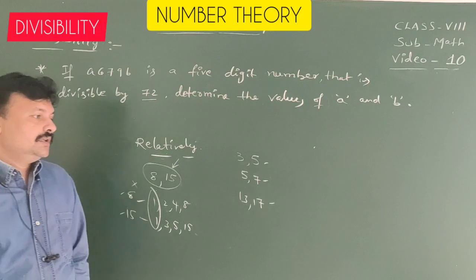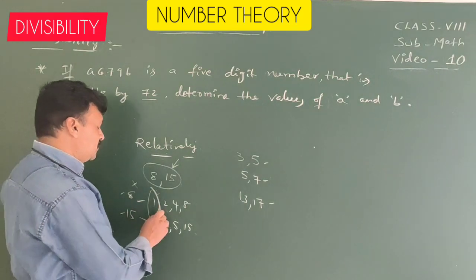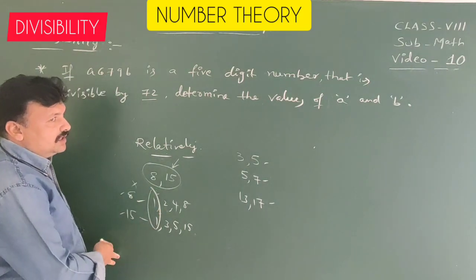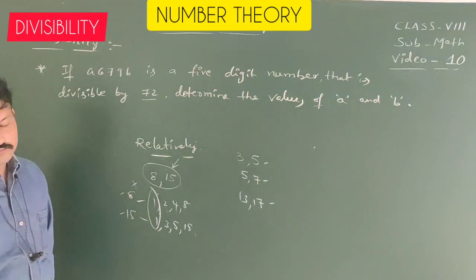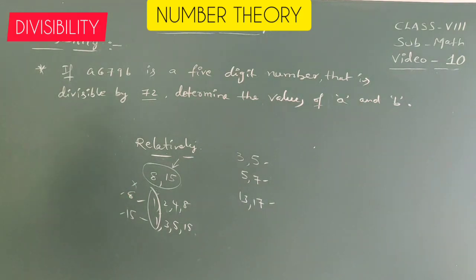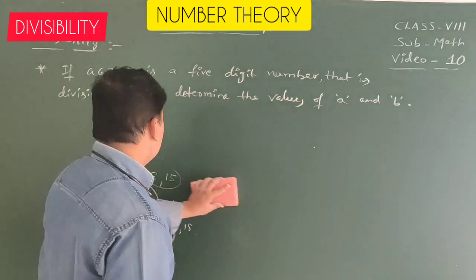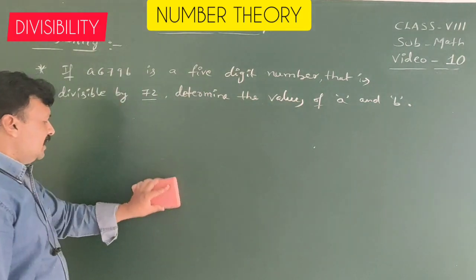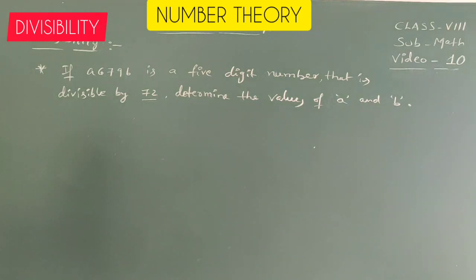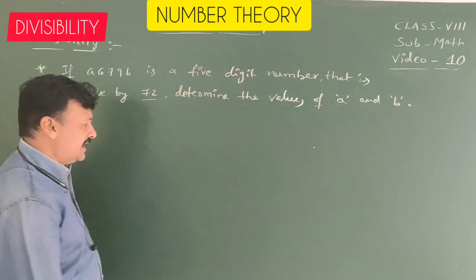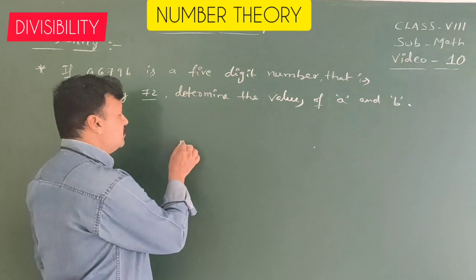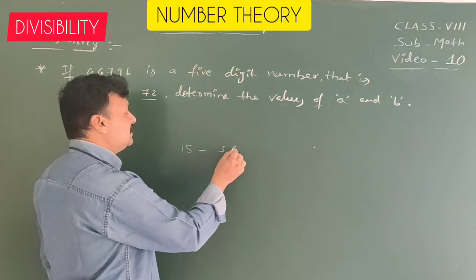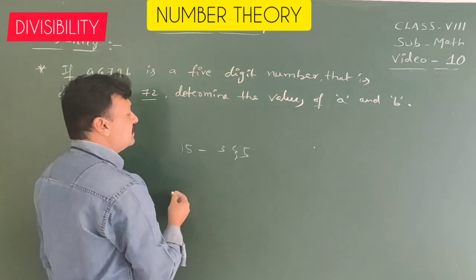Here the HCF is 1, the highest common factor is 1 only. So the divisibility rule for any number can be arranged in terms of co-primes. For example, the divisibility rule of 15 is 3 and 5. For 6, it is 2 and 3.